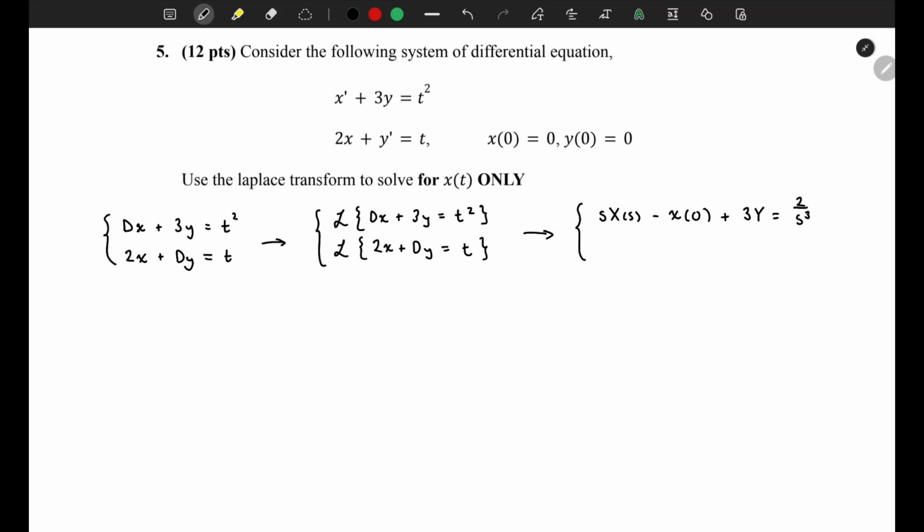Now let's take the Laplace of the second equation. If we do that, we'll get 2 capital X of s. Also, this should be a 3Y of s, just like so.